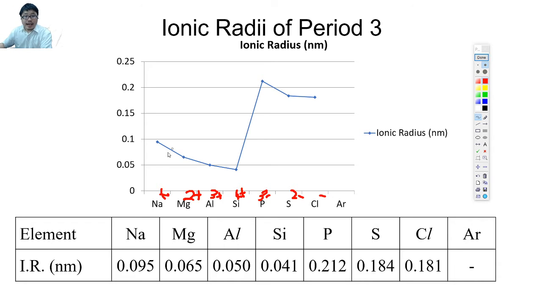So if we analyze the first 4 cations, it decreases. When we analyze the anions, it decreases. Both of them decrease. Why is that so?